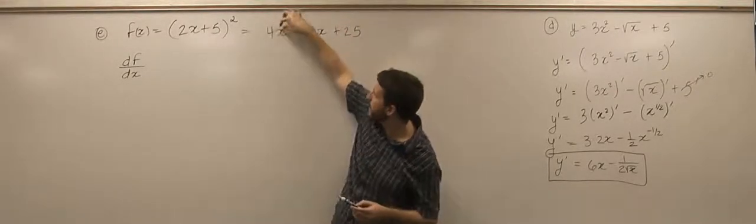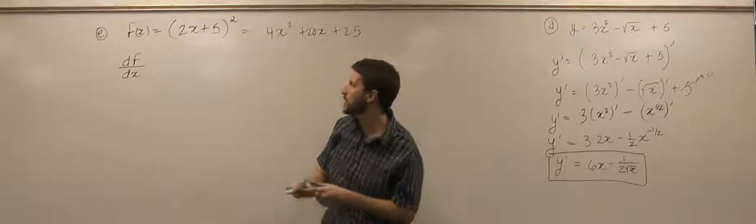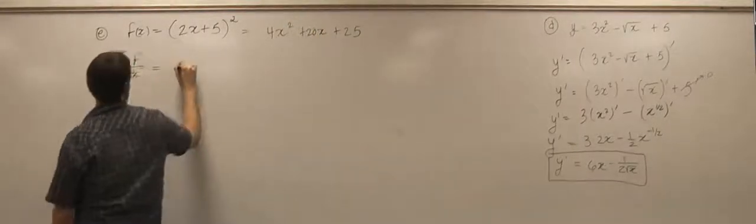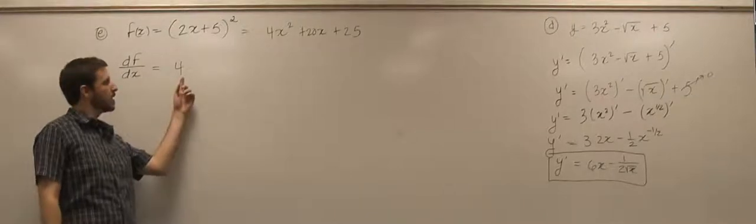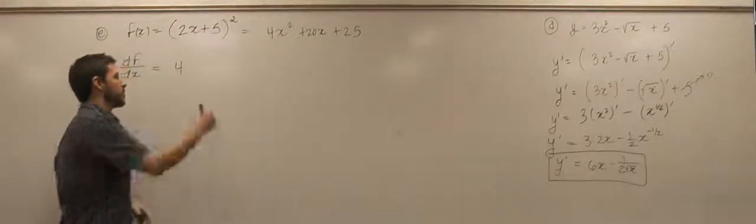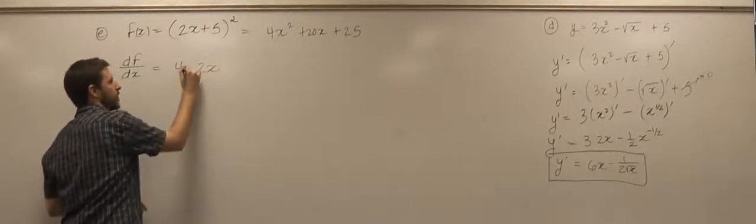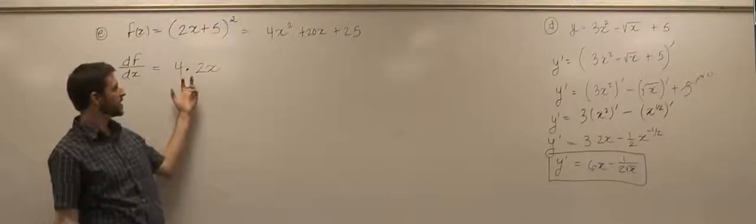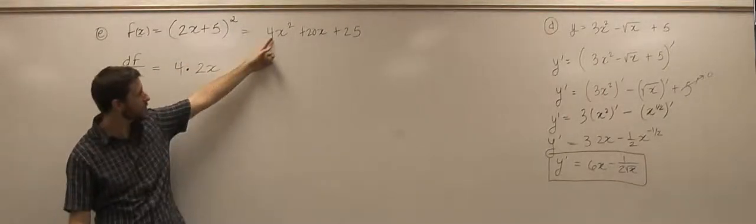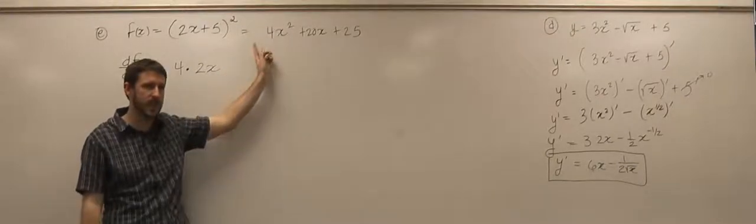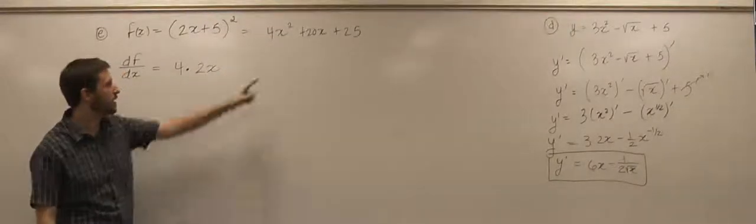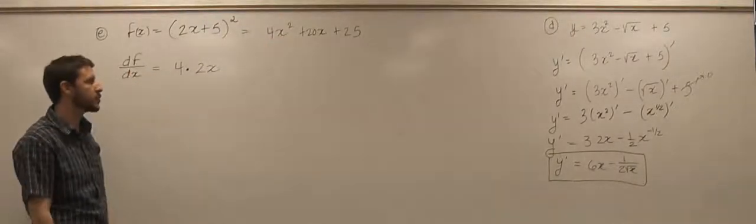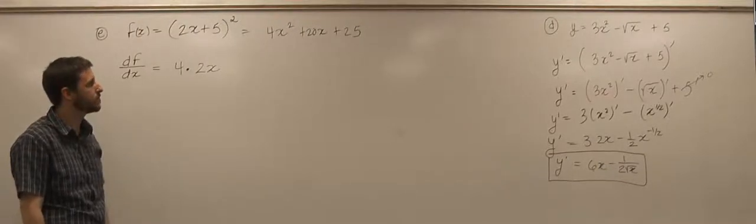On the 4x squared, because the 4 is a constant multiple, it stays, and then you get the 2 coming down front. So ultimately, the final answer for the first part will be 8x. The 2 comes down and gets multiplied by the 4, and you subtract 1 from the top. For 20x, what happens?